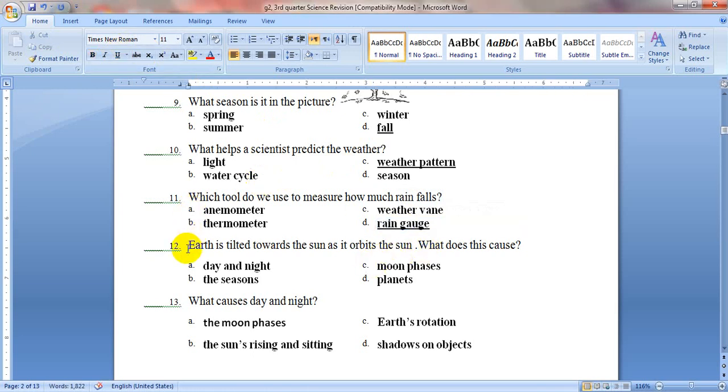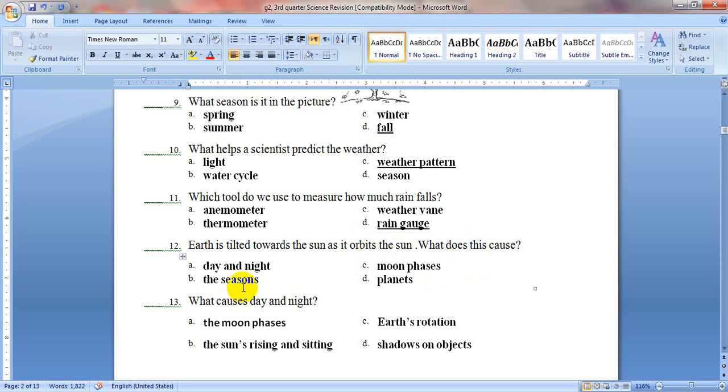The next question, question number 12. Earth is tilted towards the sun as it orbits the sun. What does this cause? We said that each planet, not only the Earth, moves around the sun in a specific path or a specific way, which is called an orbit.